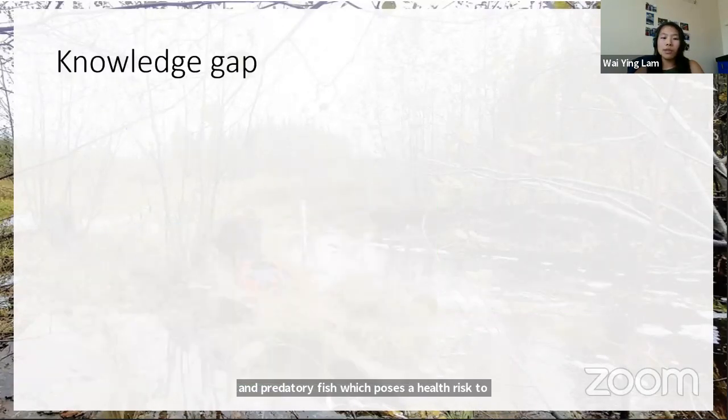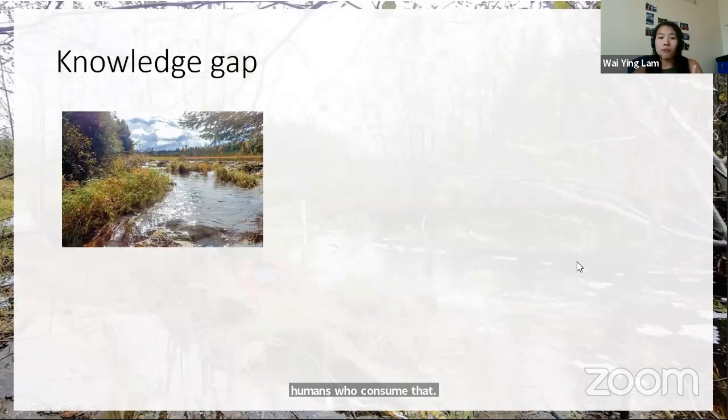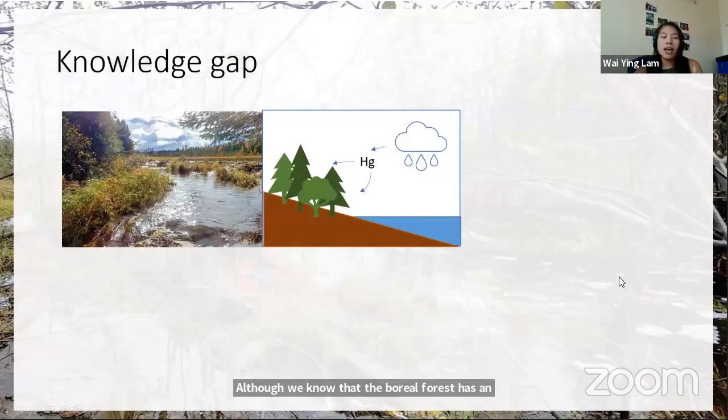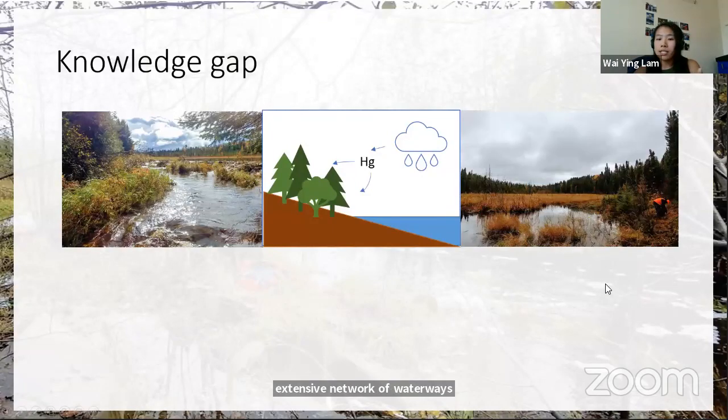Now, although we know that the boreal forest has an extensive network of waterways and has a high capacity for storing mercury, and that watershed characteristics play some role in controlling total and methylmercury concentrations in receiving waters, there haven't been that many studies that explore hydrological and landscape controls on mercury export across multiple watersheds in the boreal.